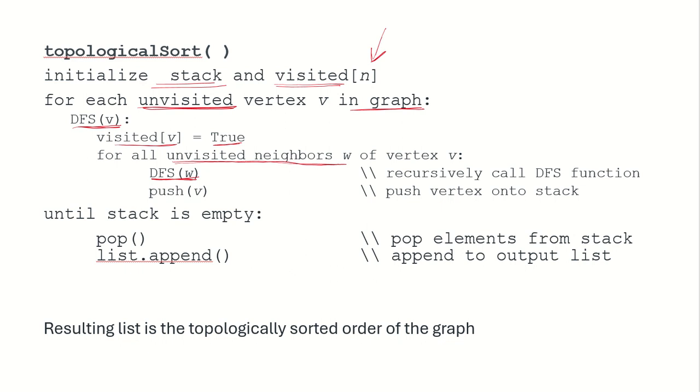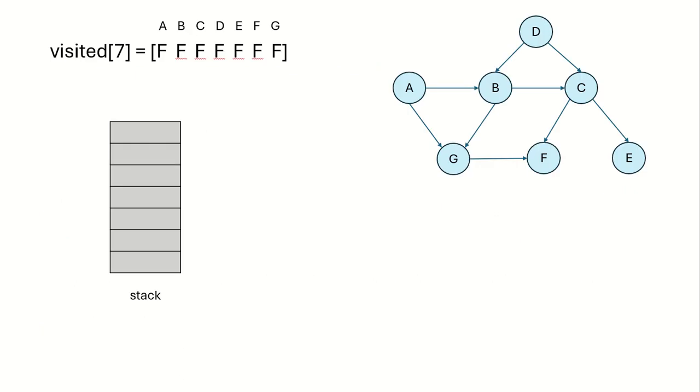Once we are done with it, we are going to push this vertex V onto the stack. If we have finished doing this for all the unvisited vertices in the graph, then we are going to pop from the stack and add to the list till our stack is empty. So this is the pseudocode, and let's see how this is going to work for this example.